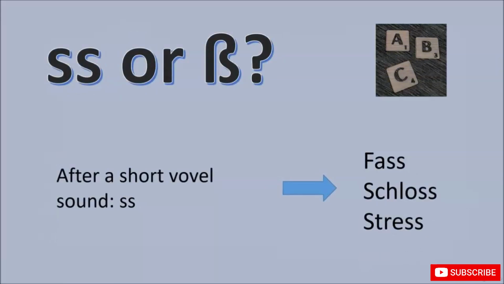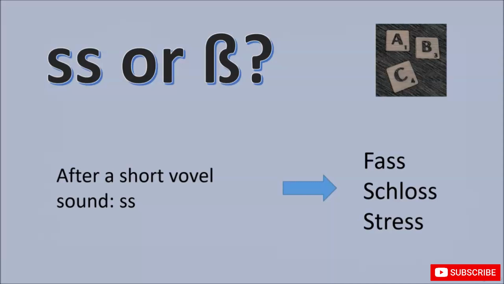Now, the SS, two S's, or is it the SZ letter? Before the spelling reform, there were lots of words written with the SZ letter. And in the spelling reform in 1995, there were some rules made that these words we've got here used to be spelled with the SZ, but because they're all after a short vowel sound, they are now spelled with a double S. So Fass, Schloss, Stress.